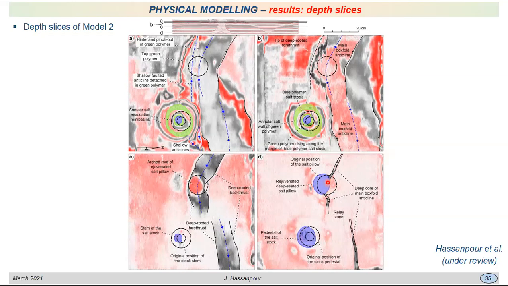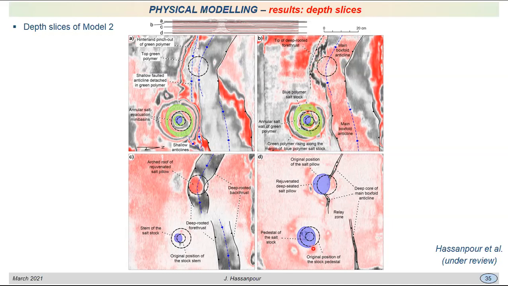But in the case of Model 2, in addition to the translation of both salt structures toward the foreland, we have this change in the shape of the salt pillow due to the contractional reactivation of the pillow in the core of the box fold. And we have got a larger amount of forelandward shift of the box fold in this part of the model.